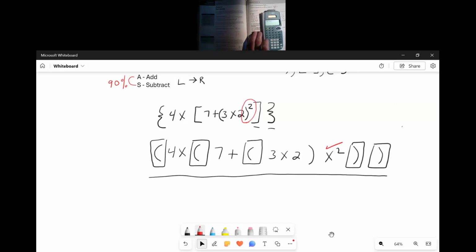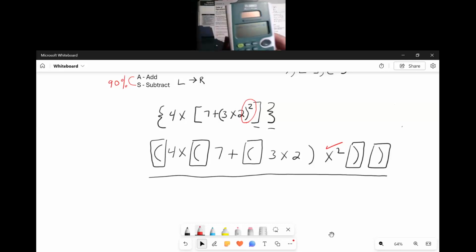Remember, parentheses, brackets, and curly cues are synonymous with parentheses. So then we're going to do 3 times 2. Now we're going to start closing. Now we're going to close the parentheses first. Then you're going to do the x squared key. That's all the way in the bottom left here, x squared. And then close the parentheses twice. Hopefully you can see that there in the machine, what I just did.